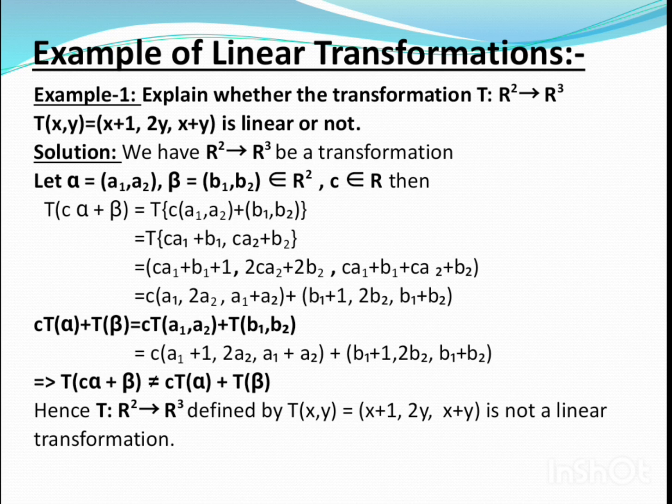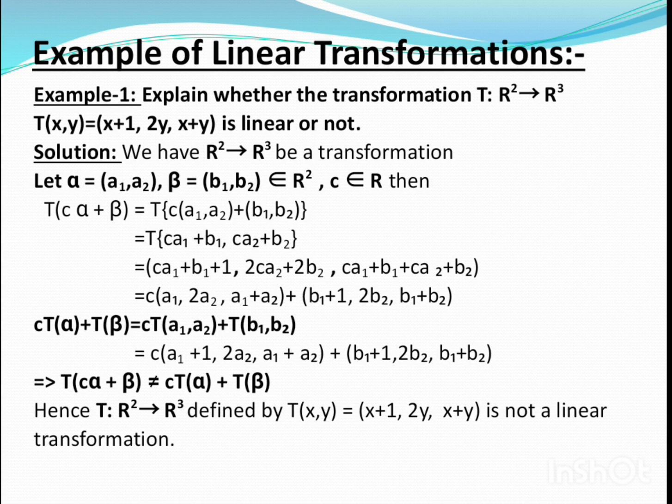Now the solution: we have T from R square to R cube as a transformation. Let alpha equal a1 comma a2 and beta equal b1 comma b2. Both belong to R square, and let c be any constant belonging to R. Then T of c alpha plus beta can be written as T of c times a1 comma a2 plus b1 comma b2.